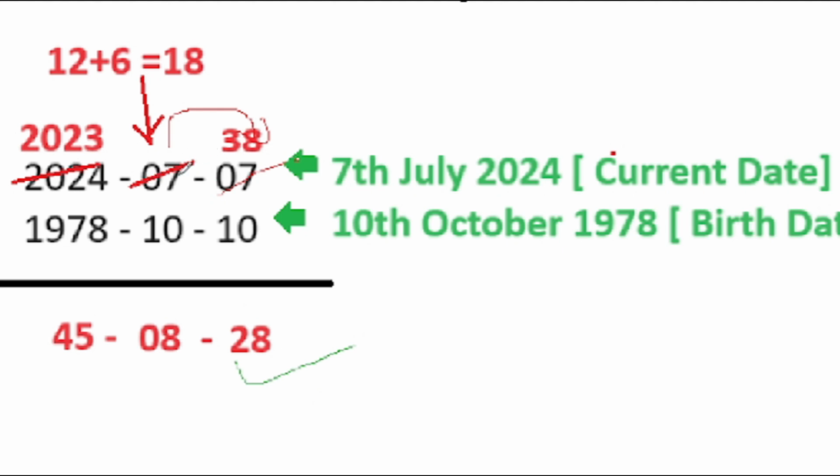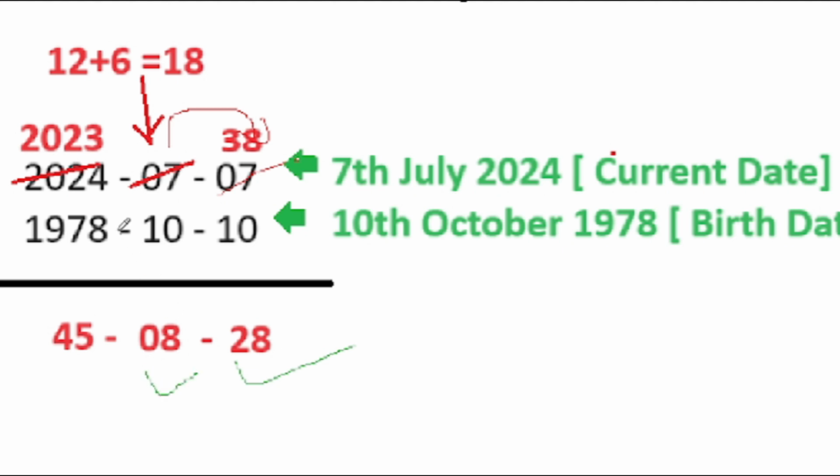Now since we borrowed 1 from 7, it became 6. We cannot subtract 10 from 6, so we need to borrow from the year. That means we are borrowing 12, because 1 year is 12 months. So 12 plus 6 becomes 18. 18 minus 10 becomes 8 months.